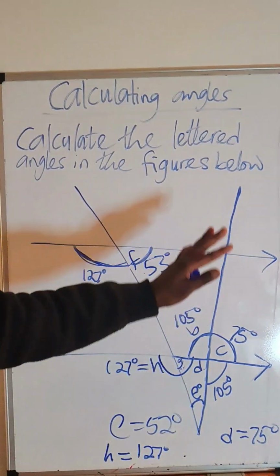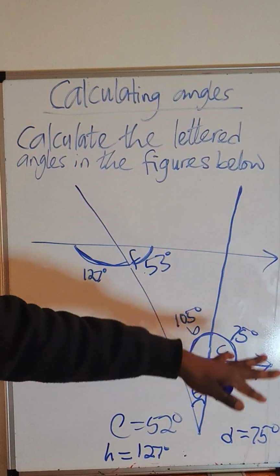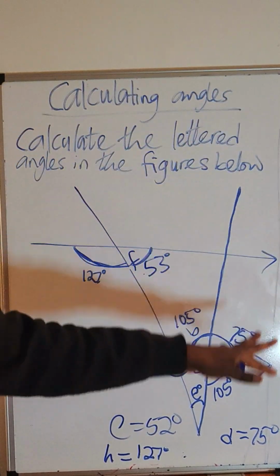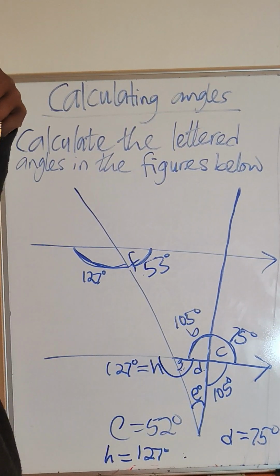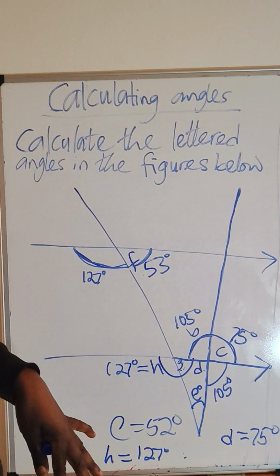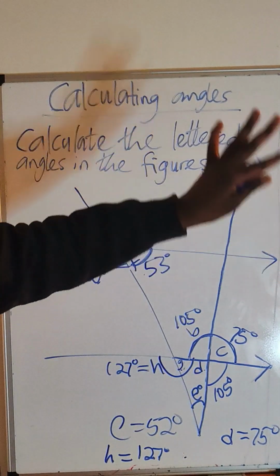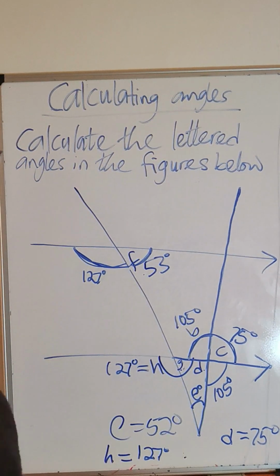Now, I want to try and state all the letters and their respective angles. I've been able to explain everything. This time around, I want to state it out.